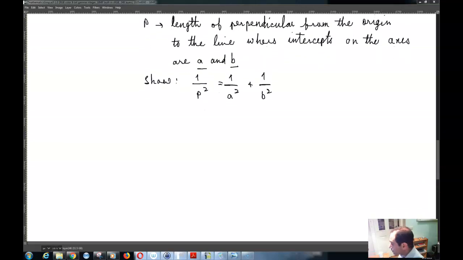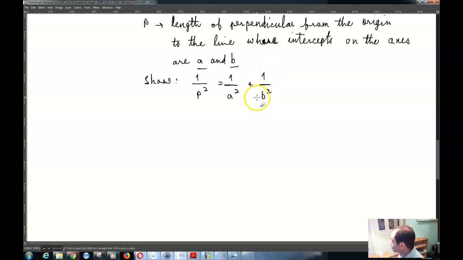So this is the question, and what the question is saying is that the length of the perpendicular from the origin to this line, whose intercepts on the axes are A and B, is P. So you want to show that 1 over P squared is equal to 1 over A squared plus 1 over B squared.